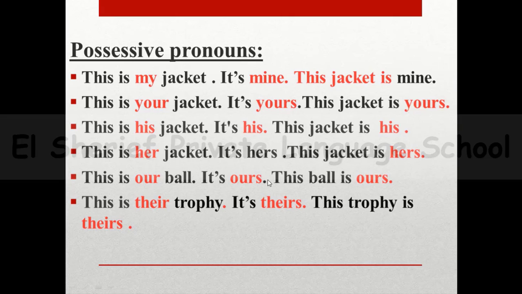Okay, this is their trophy. Excellent, amazing. In this sentence we used their as a possessive adjective instead of the subject pronoun they, and we put after it this noun trophy.